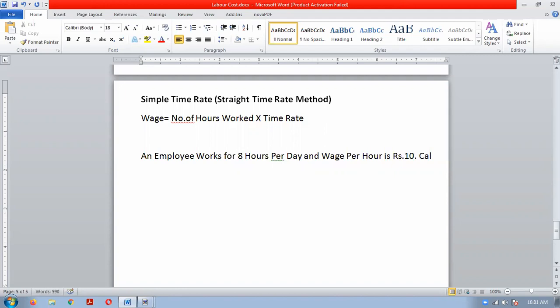Calculate his wage as per straight time rate method.